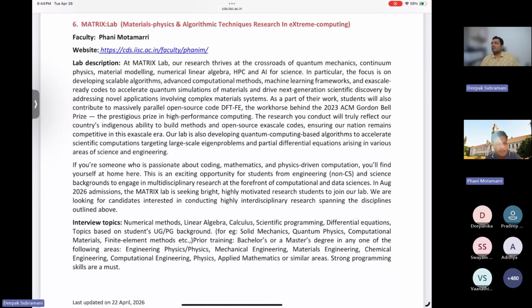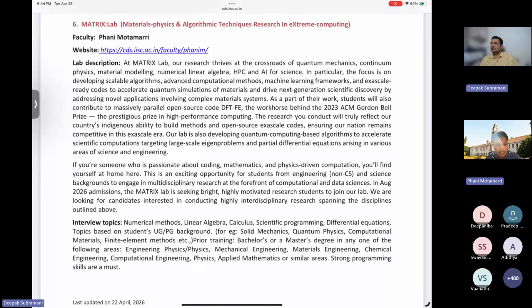In particular, we focus on developing advanced computational methods, scalable hardware-aware algorithms, machine learning frameworks, and exascale ready codes to accelerate quantum simulations of materials and drive the next generation scientific discovery, where you cannot even attempt to solve some of the problems in materials discovery without these methods and tools we're developing.